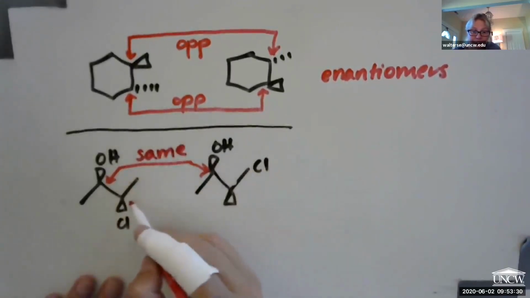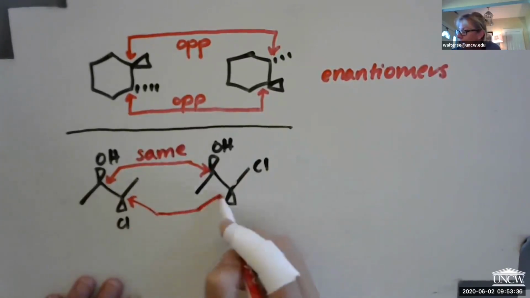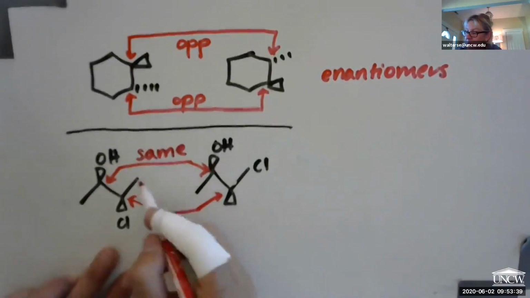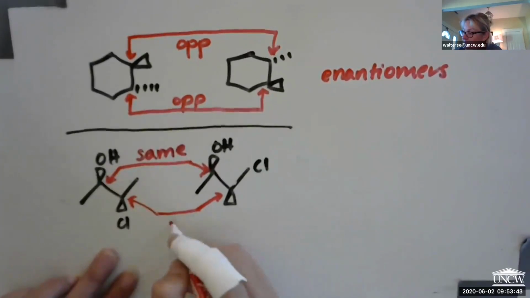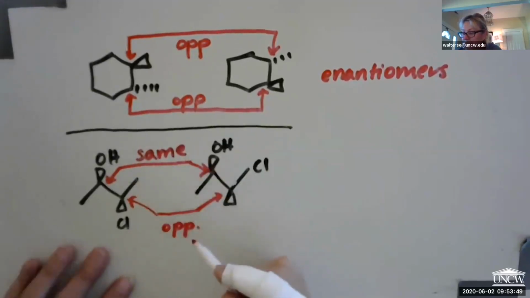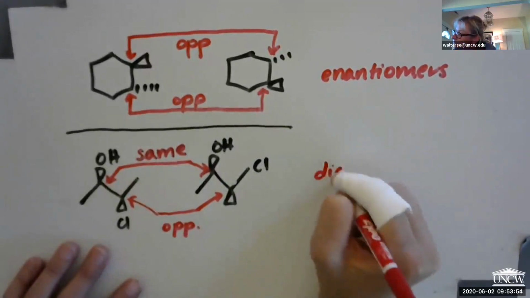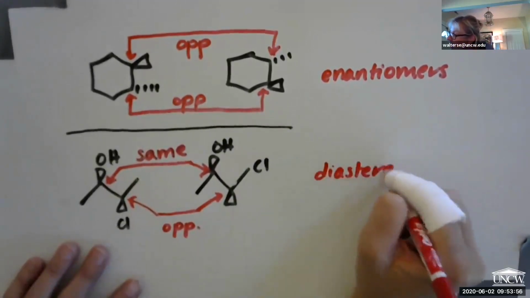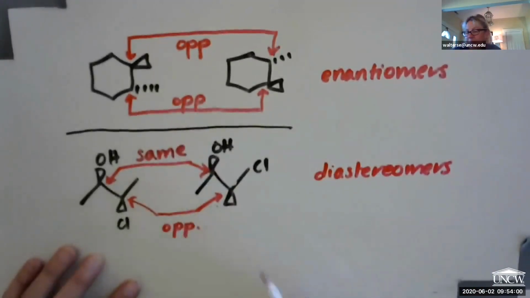Okay, but down here, you go from having chlorine on a wedge to methyl on a wedge, methyl in plane to methyl on a wedge. So these things are different. When you have some that are the same, but the others are opposites, these are diastereomers. Okay, if you would get same, it means it's the same compound.